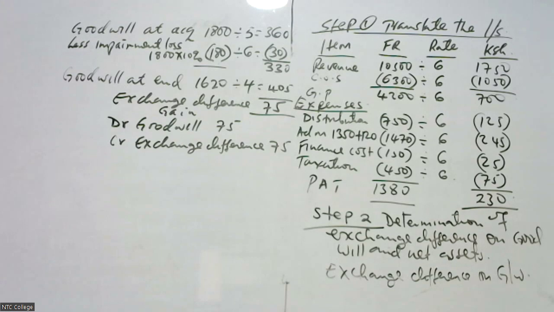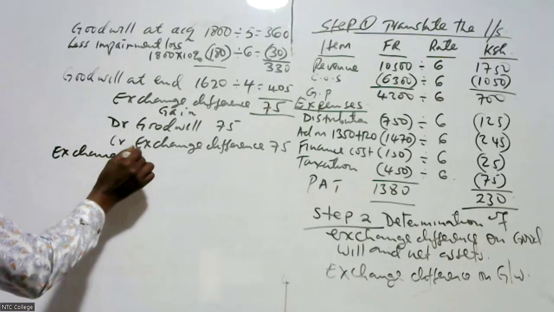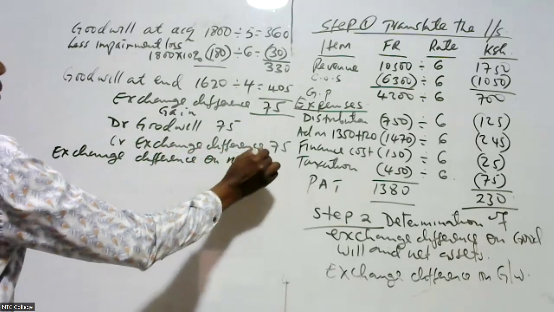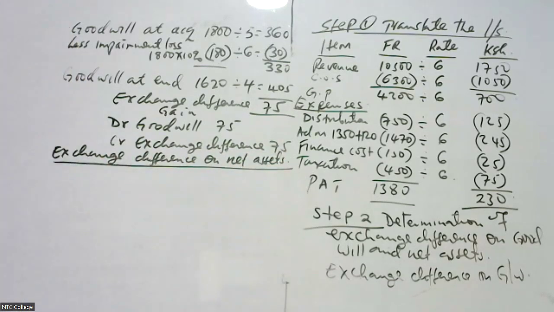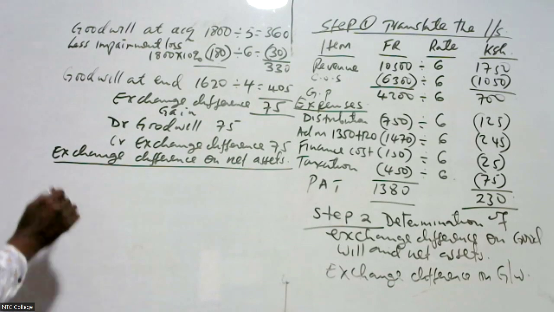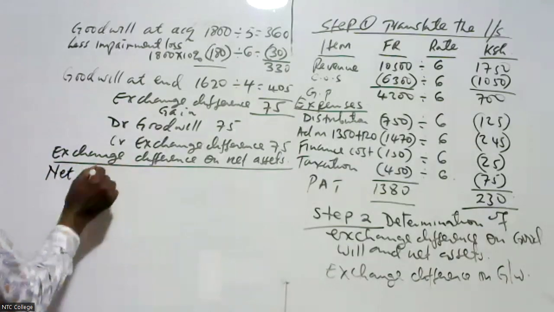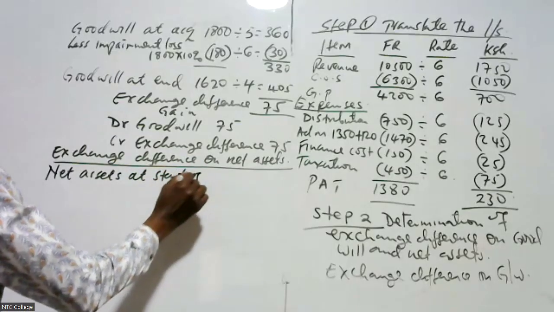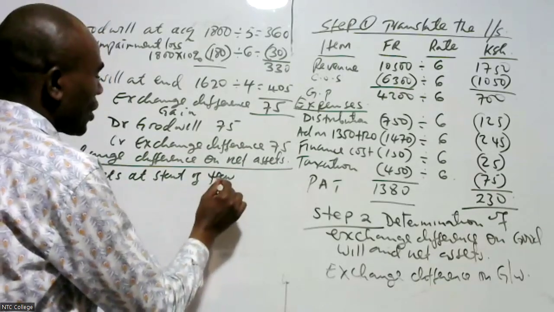Then we come to exchange difference on net assets. Here, we take our net assets at the start of the year, which is 32.